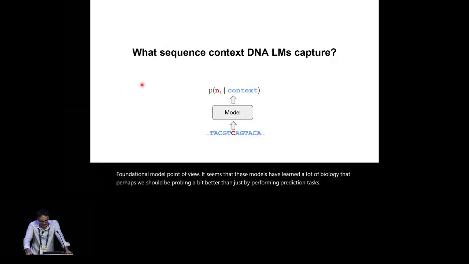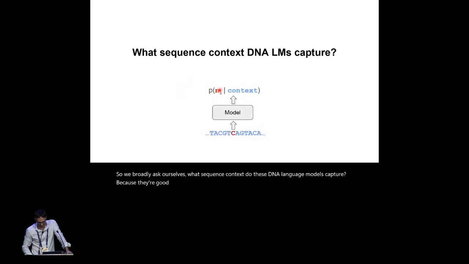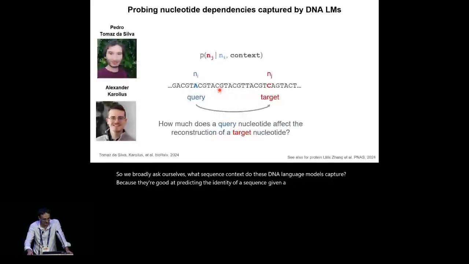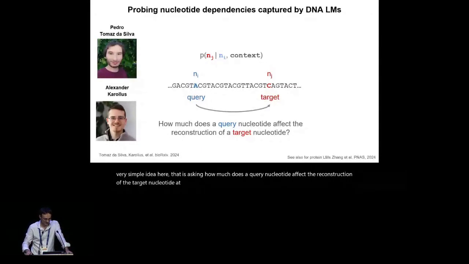So we broadly ask ourselves, what sequence context do these DNA language models capture? Because they're good at predicting the identity of a sequence given a context. And so here, Pedro, Thomas da Silva, and Alexander Carolus embarked on a project where they looked at this very simple idea, that is asking how much does a query nucleotide affect the reconstruction of a target nucleotide at another position according to the model.